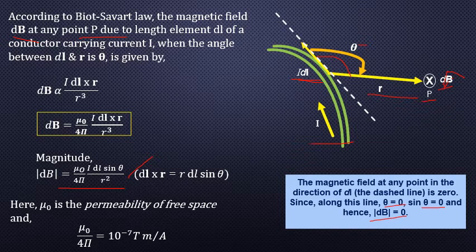So this magnetic field becomes 0 when the angle between dL and r is 0, that is when they both are along the same direction, that is along the dashed lines. So that angle factor has to be kept in mind.